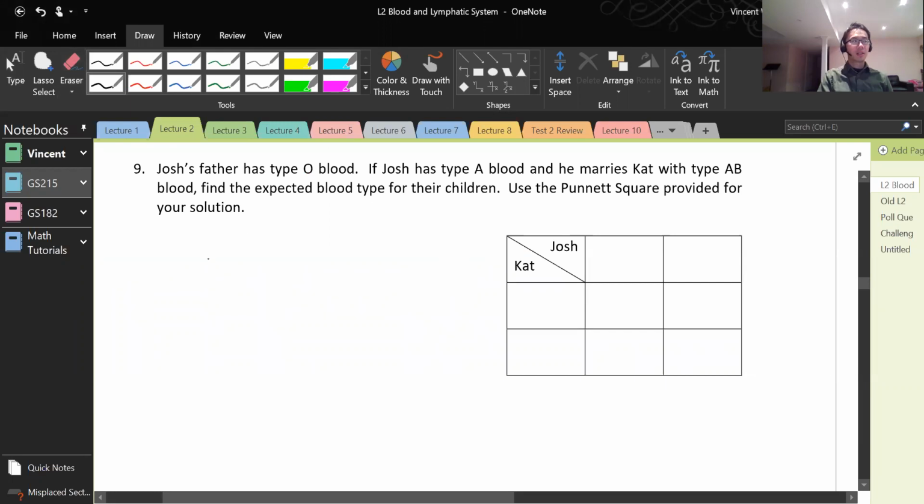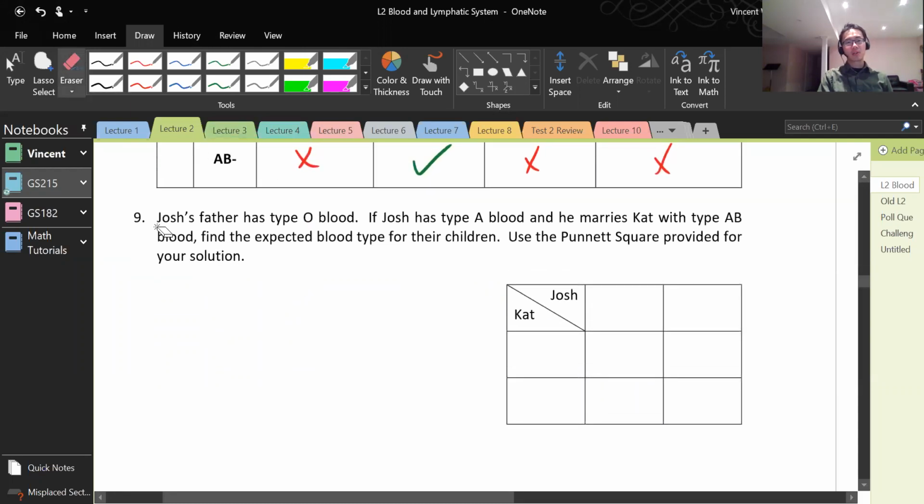So we can do a family tree if you want, but we don't really need to. We can just think about this. So Josh's father is type O blood, right? What is the genotype for someone with type O blood? Yeah, little i, right? For certainty, we know it is little i.